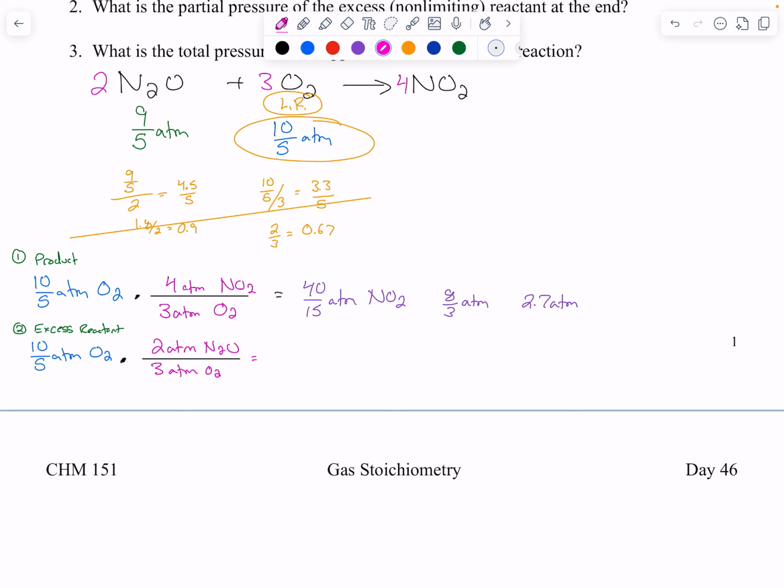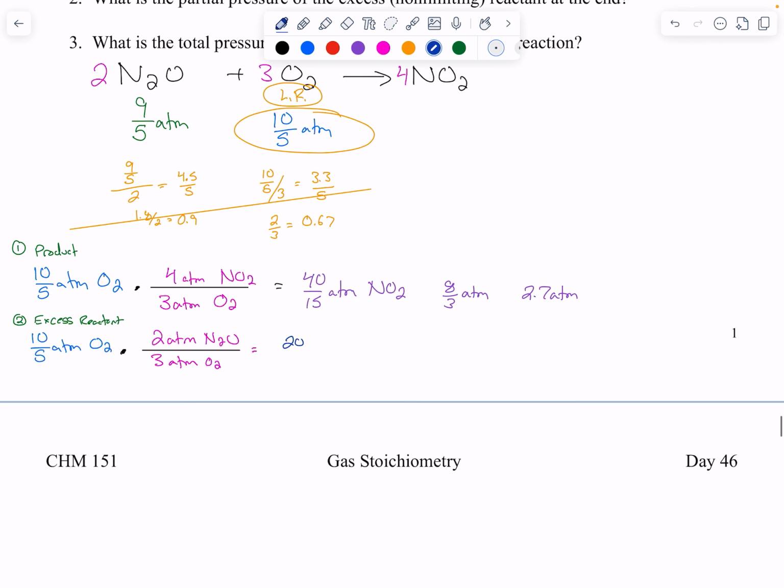And that's going to give me what? 20/15. That's how much we use or we consume. Which, if you reduce that, that's 4/3. Or 1.3.